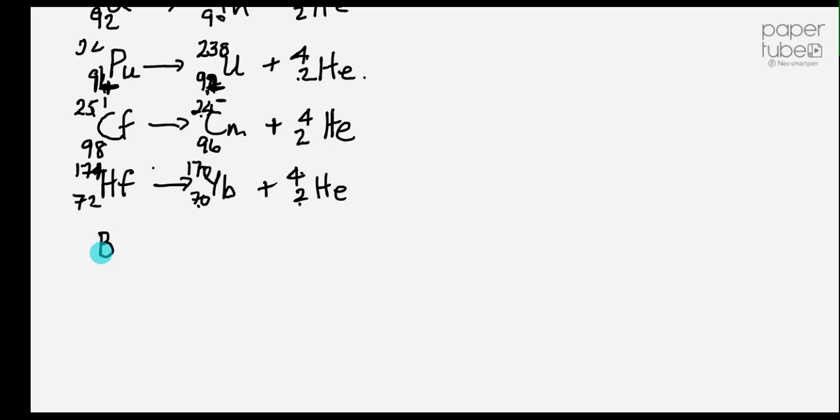Fair enough. Let's go on to the next one. Bismuth splits, and it goes to thallium plus an alpha particle. And it tells me in the question that that's 81 and that's 207. So the numbers along the bottom should add up, so that has to be 83. And that must be 211.